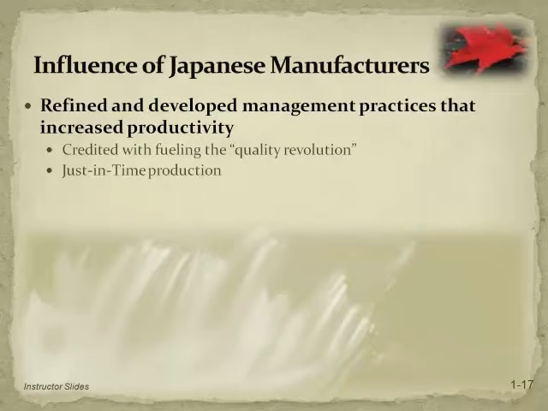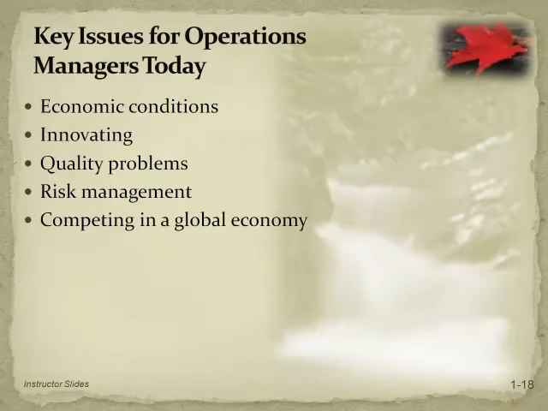And finally, just-in-time production. So we will be studying in separate chapters this semester the concept of total quality management, which originated in Japan, as well as just-in-time, as well as lean, which also was begun in Japan.